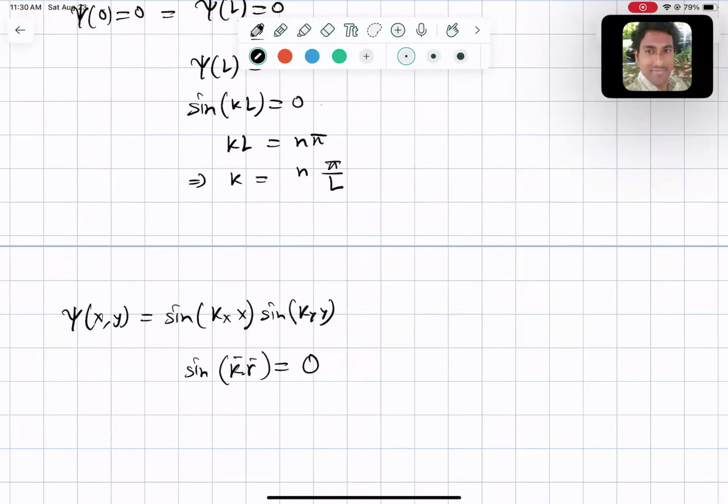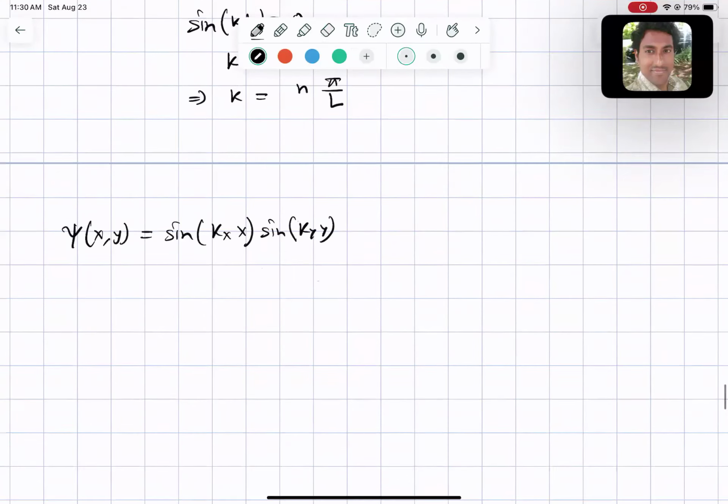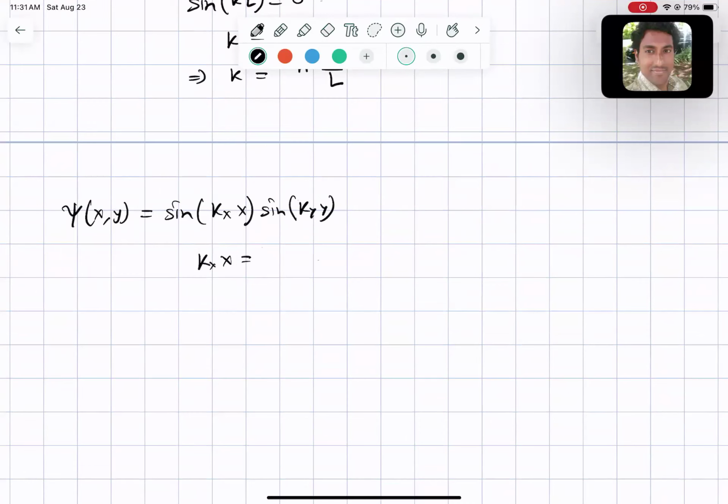So in that case, this is easier way to explain. In that case, kxx or kxl must be n pi, and kyl must also be n pi, but let's call it, this is nx, this is ny. Okay, so the k vector would be kx x hat plus ky y hat, or nx x hat plus ny y hat times pi over L. Does it make sense?